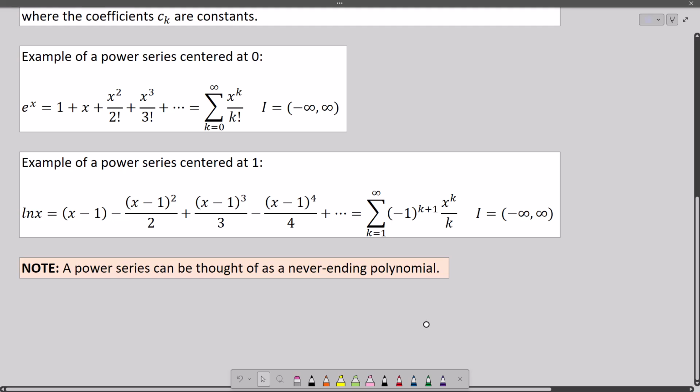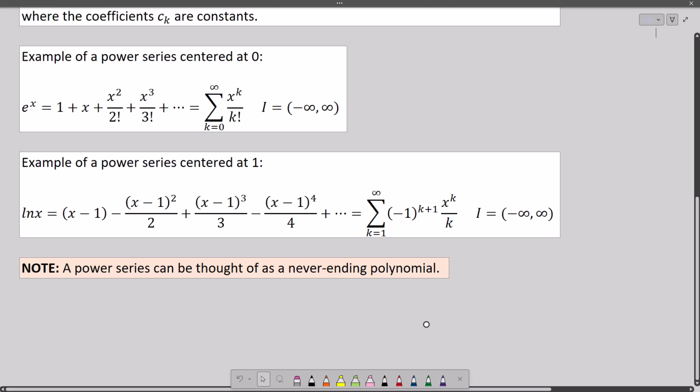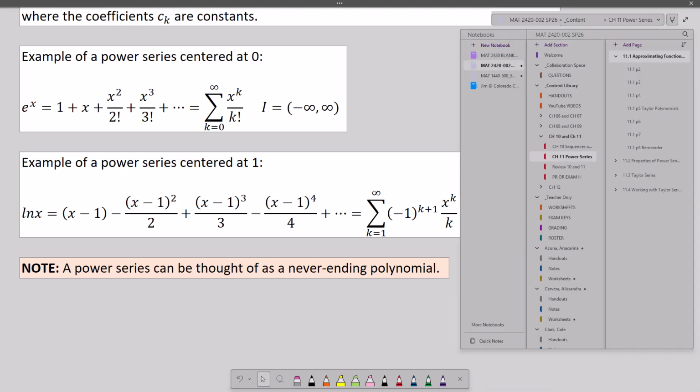If you want an approximation for 1 over e, replace all the x's with -1. And it's true that those will be equal, but again, it's not obvious that the function you start with equals this never-ending polynomial, the Taylor series. We'll talk about why they're equal as we continue on.